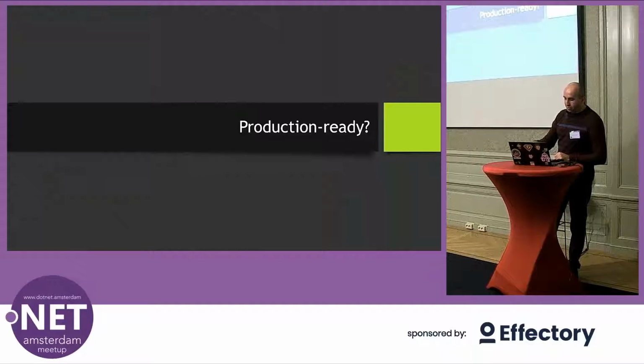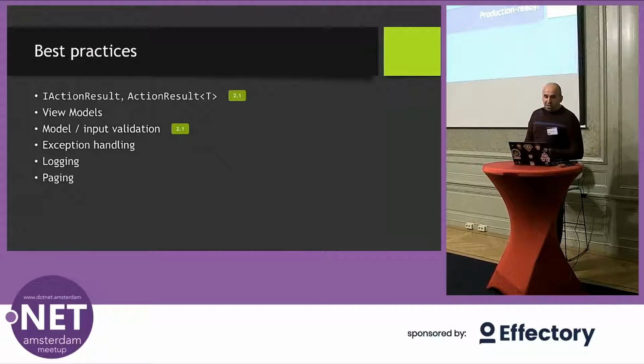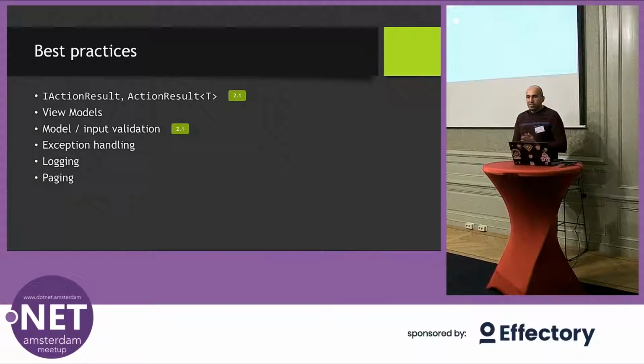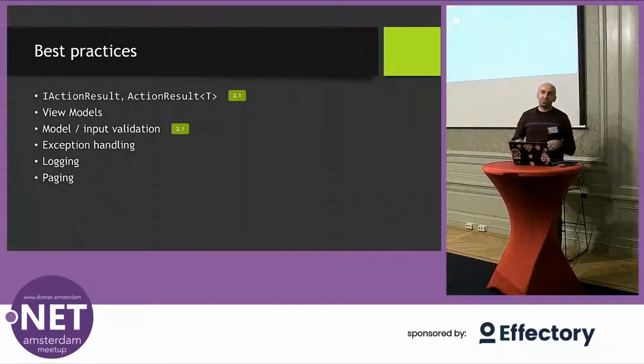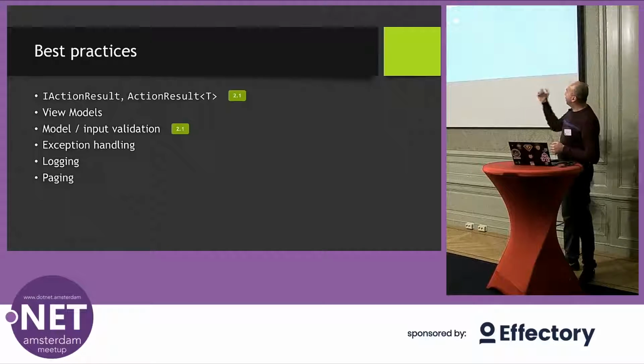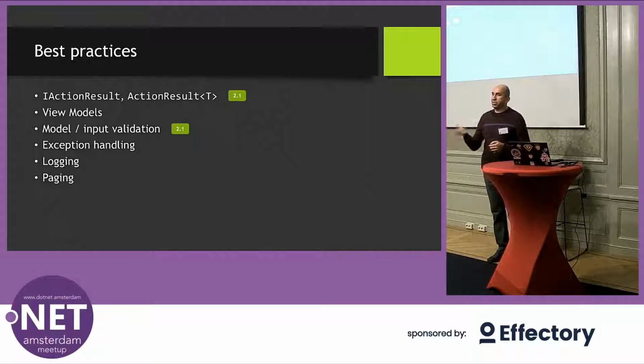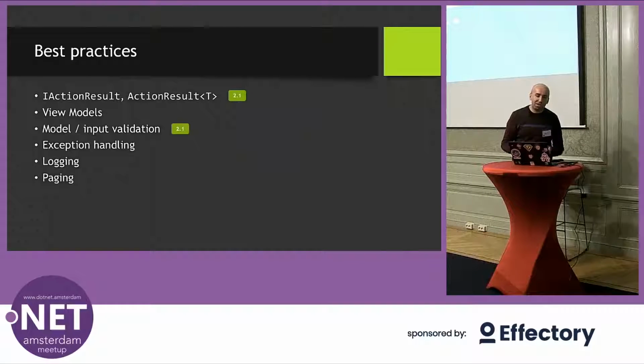Okay, so what do I mean when I say production ready? First, when you start with an empty ASP.NET Core project, you'll probably do some things. You know that in web API, you can return just any object as a response.